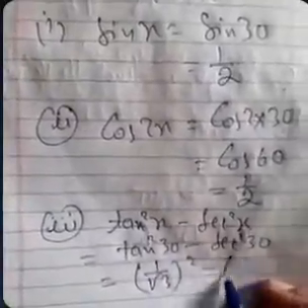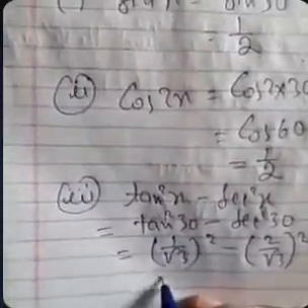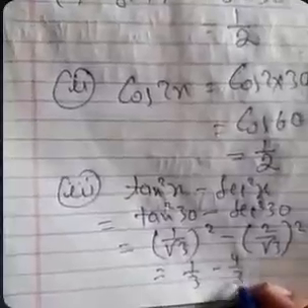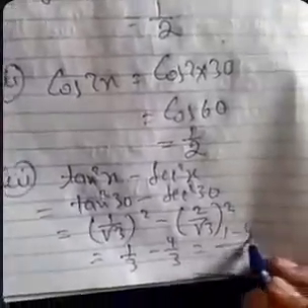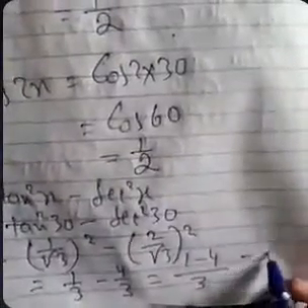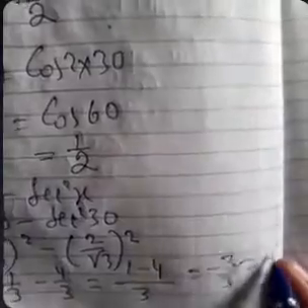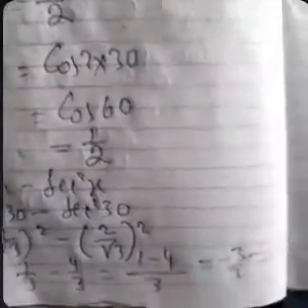Value of sec 30 is 2 by root 3, whole square. Now 1 upon root 3 square is 1 upon 3 and right here minus 4 by 3. Taking LCM 3. 1 minus 4 is minus 3 upon 3 is equal to minus 1. Answer is minus 1.